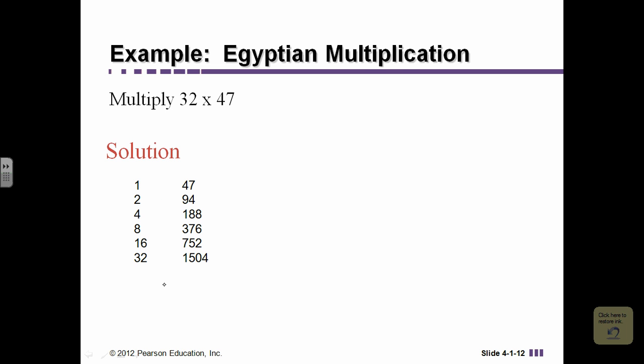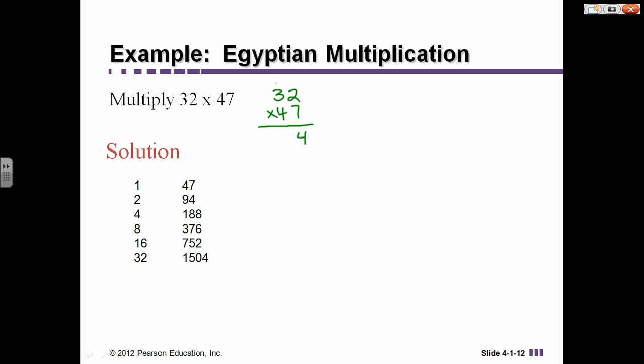All right, now here is something that I've always thought was really interesting. When you're multiplying 32 times 47 in the Egyptian, I'm sorry, in the Hindu-Arabic system, we are familiar with multiplying 32 by 47. And for the most part, other than a calculator, most of us will go through this process where we will do 7 times 2 is 14.